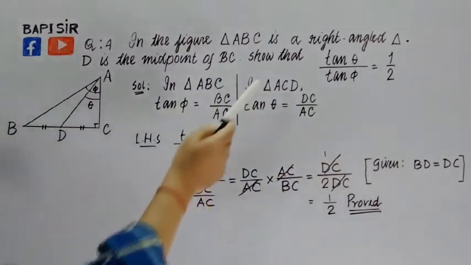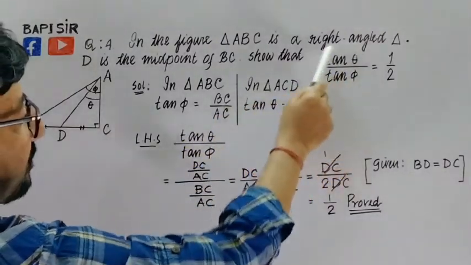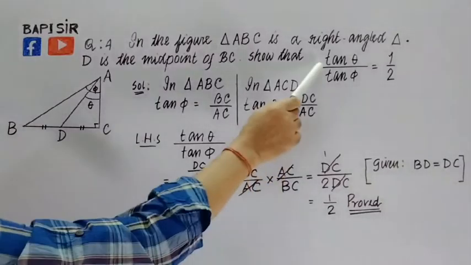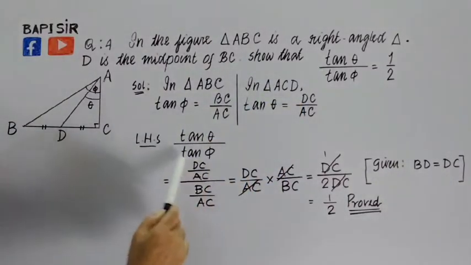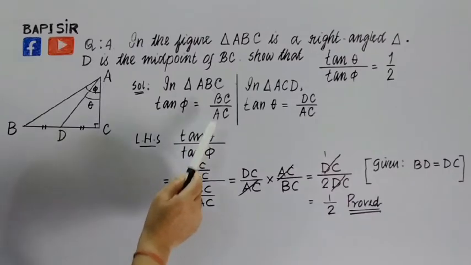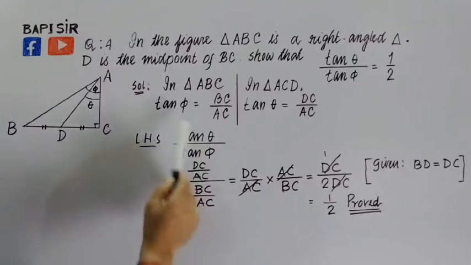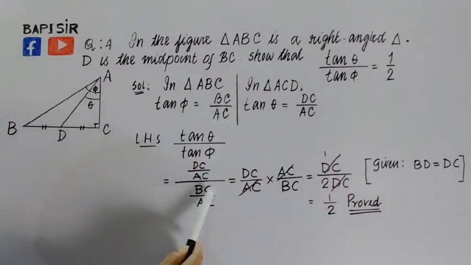Now write the LHS, because you are asked to prove that this is equal to half. Take this LHS, LHS is equal to tan theta by tan phi. Put the value of tan theta is equal to DC by AC. So tan theta is DC by AC, and tan phi is equal to BC by AC.